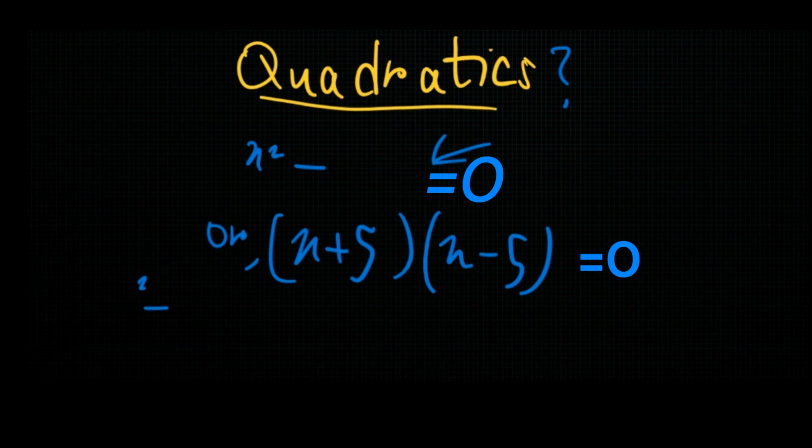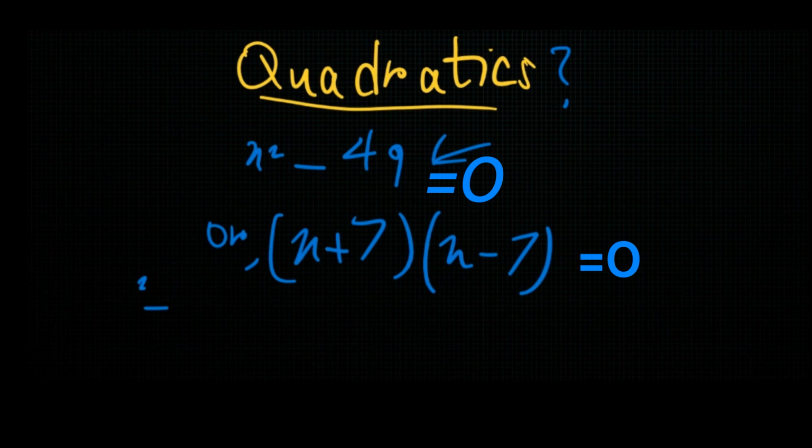Or if it were 64, you can do the same thing. You can give 8 and 8. And if it were 49, 49 is a perfect square of 7, so you can give 7 and 7.